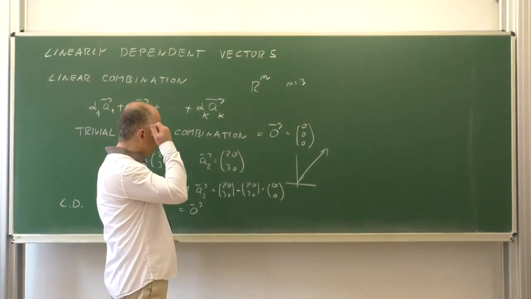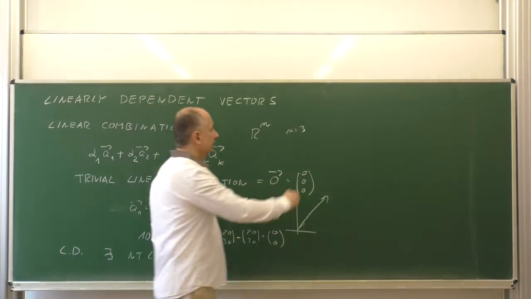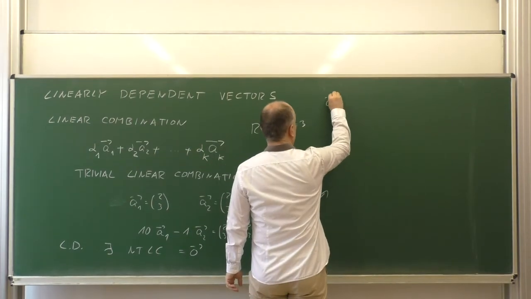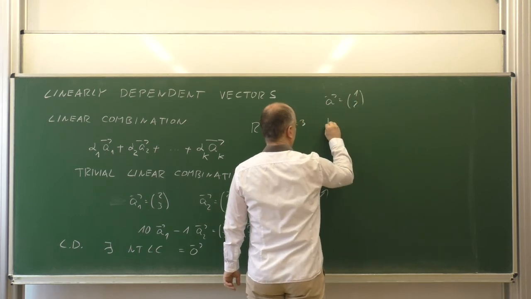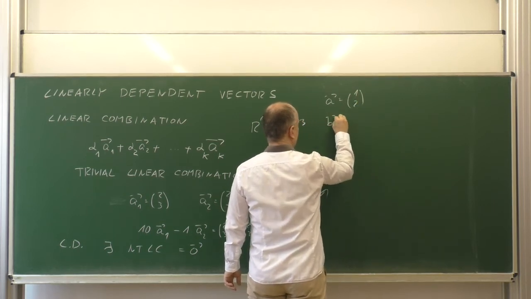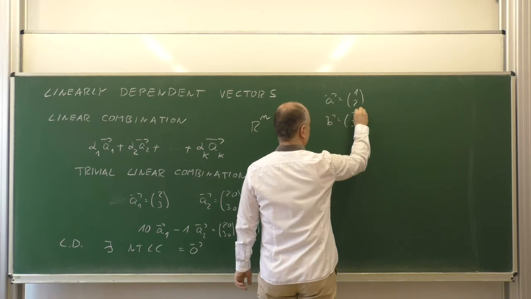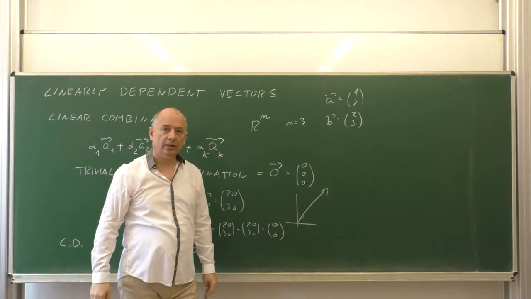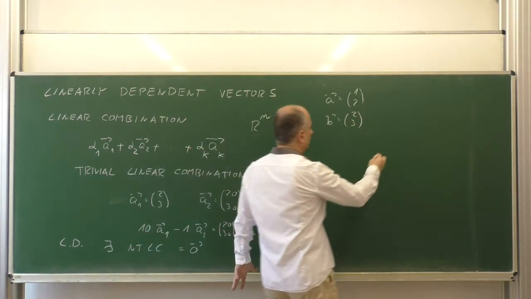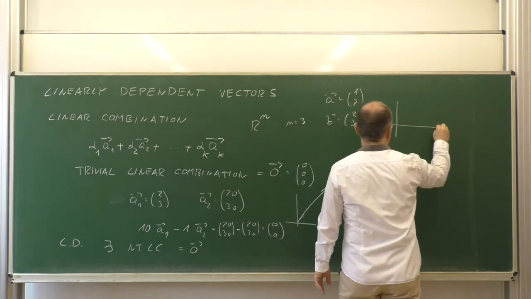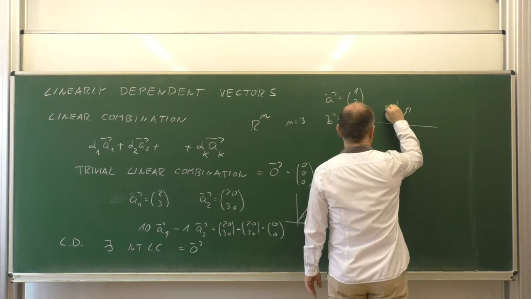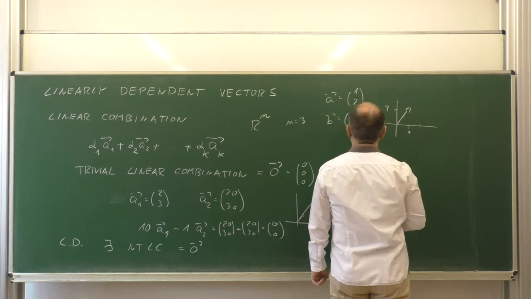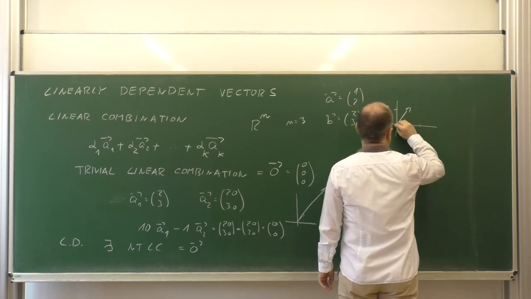Let's have an example for independent vectors. If we have, say, vector 1, 2, and if we have, say, vector 2, 3, then they are linearly independent. They can be sketched in a plane. 1, 2 looks like that. And 2, 3 looks like that.